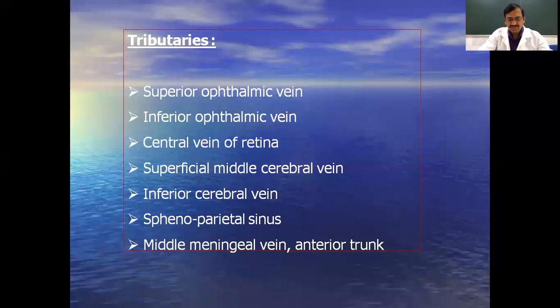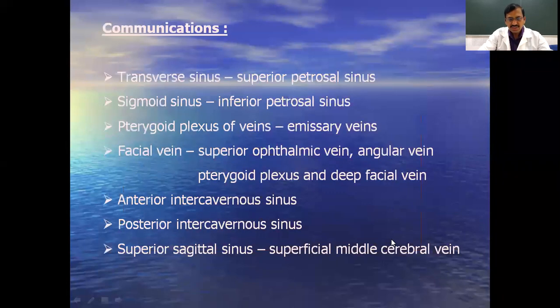Next, tributaries. What are the different tributaries opening into the cavernous sinus? That is also very important. They are the superior ophthalmic vein, inferior ophthalmic vein, central vein of the retina, superficial middle cerebral vein, inferior cerebral vein, sphenoparietal sinus, and the anterior trunk of the middle meningeal vein. These are all the tributaries. And next, communications. What are the communications of the cavernous sinus?